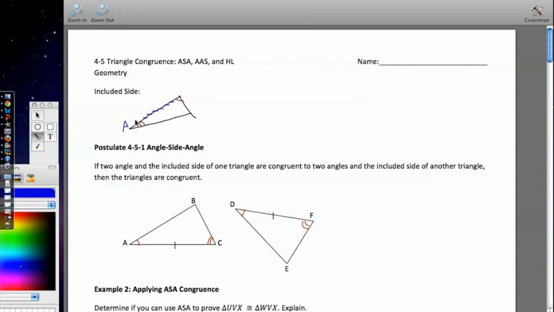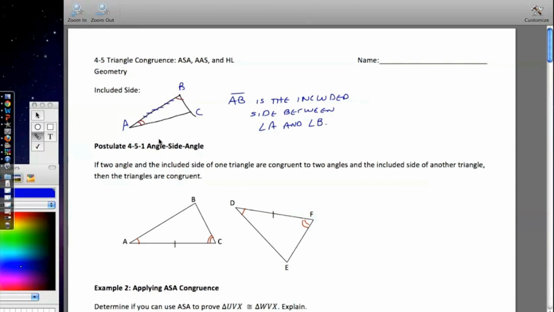So if I have A, B, C, I could say that the segment AB is the included side between angle A and angle B, okay? Because it is between them. It's shared by both angles.